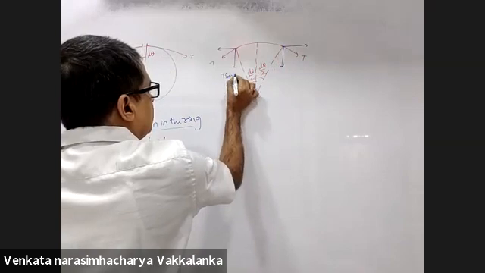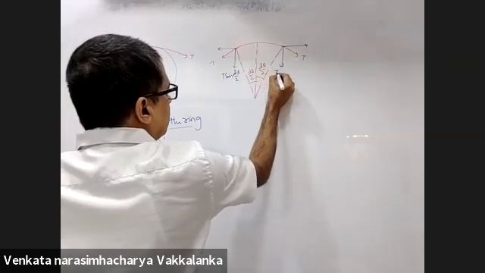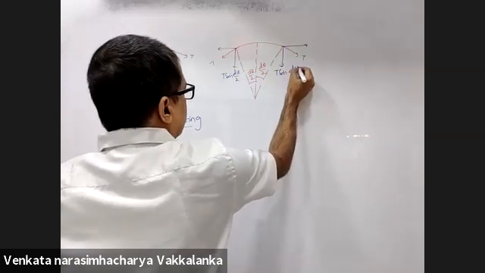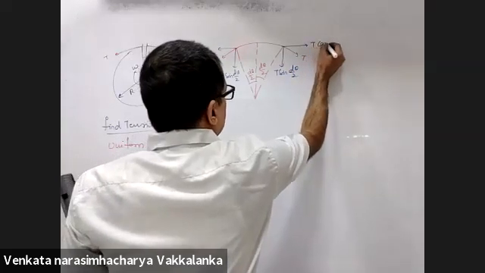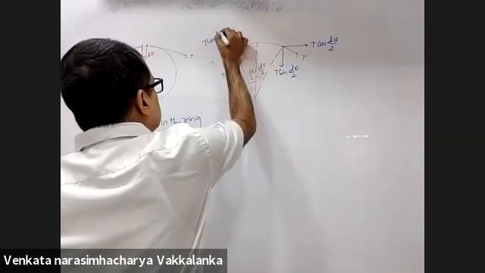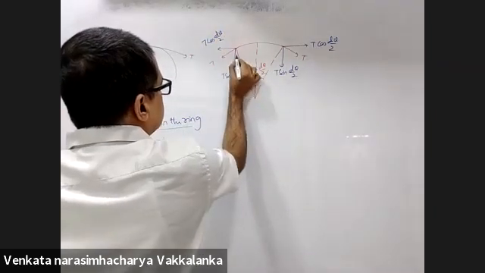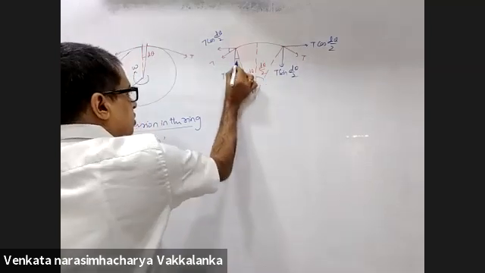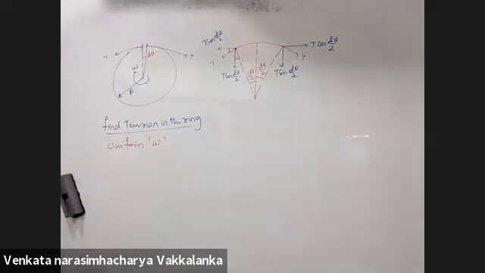This will be T sin d theta by 2, T sin d theta by 2, T cos d theta by 2, T cos d theta by 2.